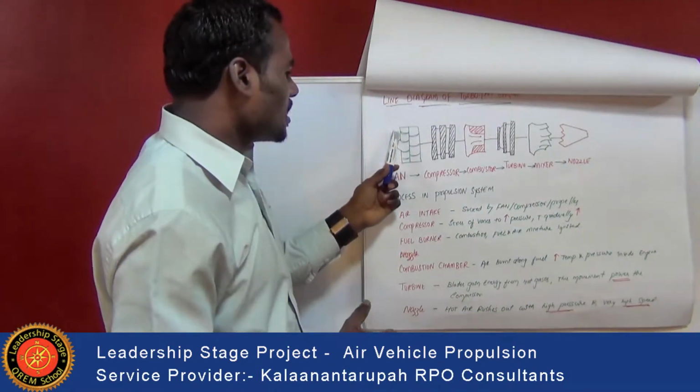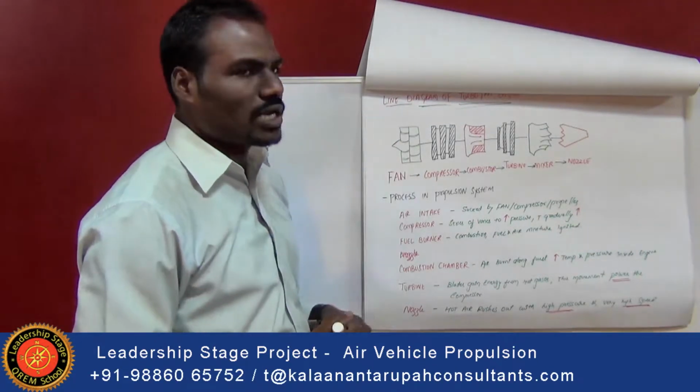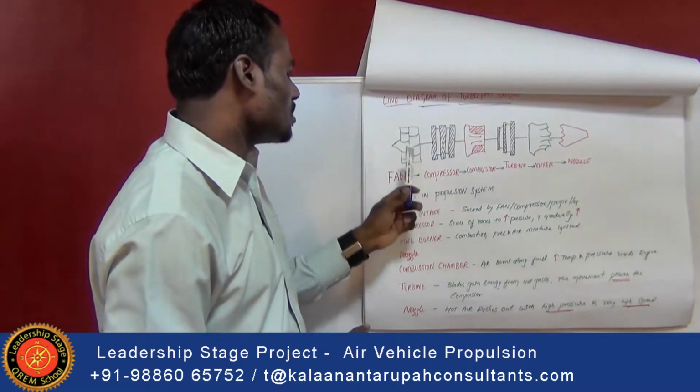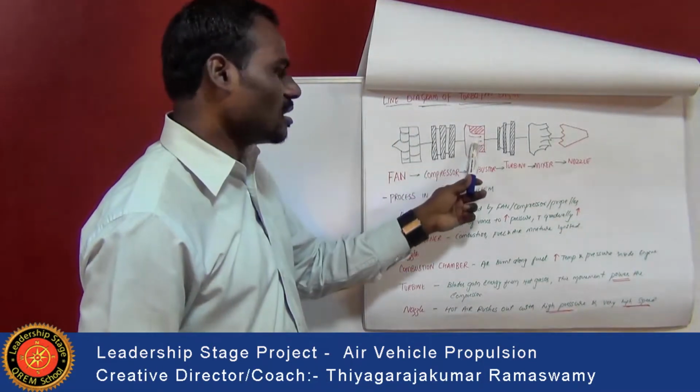Here, the internal lip, in the sense the fan or the propeller, is at this inlet lip, and it is connected to the hub of the shaft which is connected to the combustion chamber.